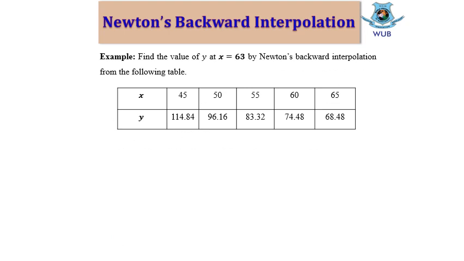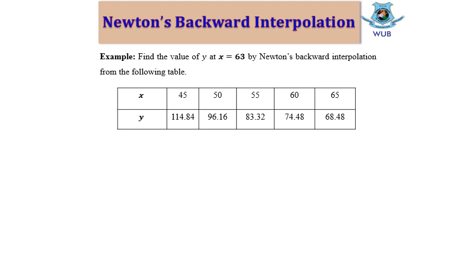This is the given problem for you, where you can see that a table is given with two rows, x and y, and some values are given here, and you have to find out the value at x equals 63 by backward interpolation. And 63 is also in between the range, that is 45 to 65.